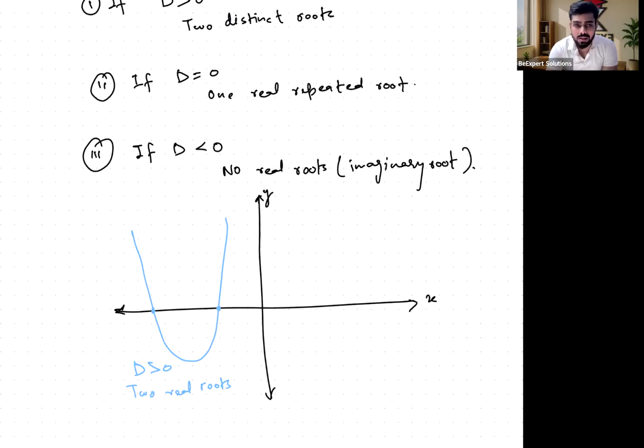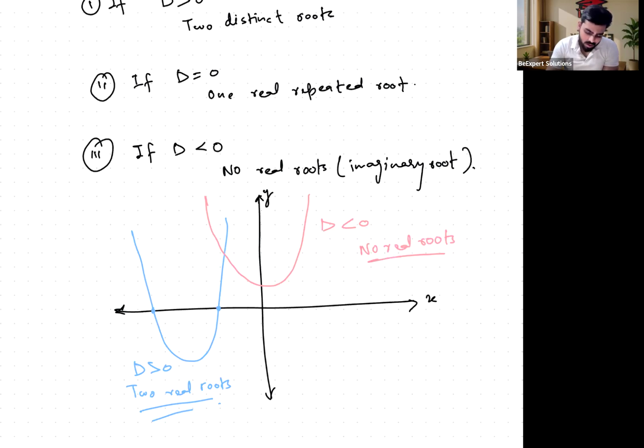In case, let's say, we have another graph here, like this. So D is less than zero here. In case of D less than zero, I already told you, when D is less than zero, there are no real roots.